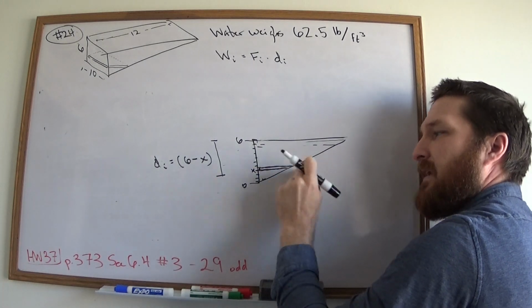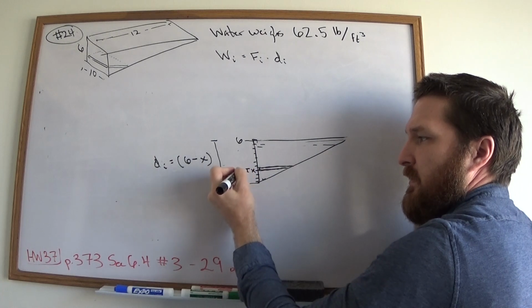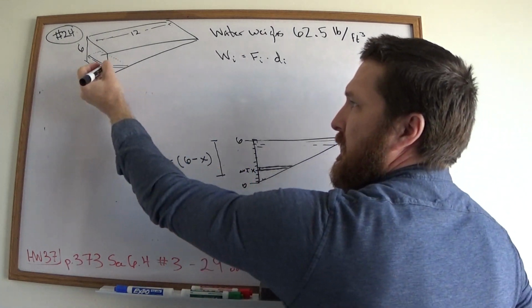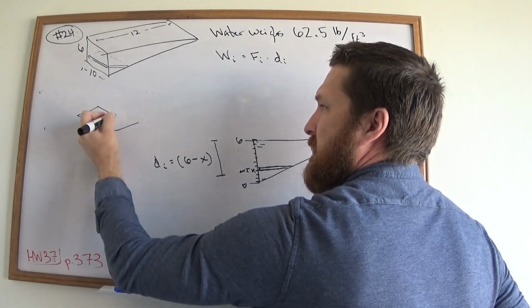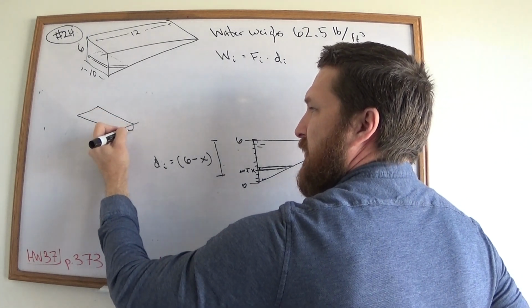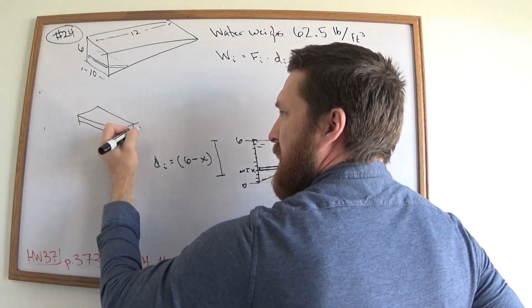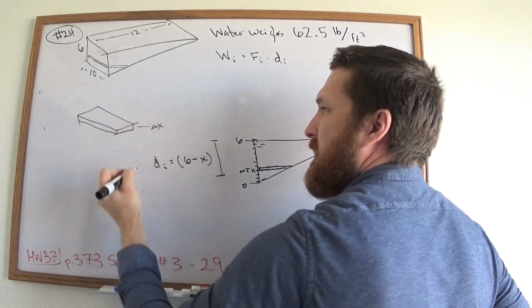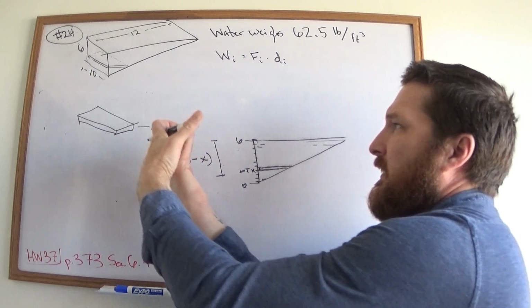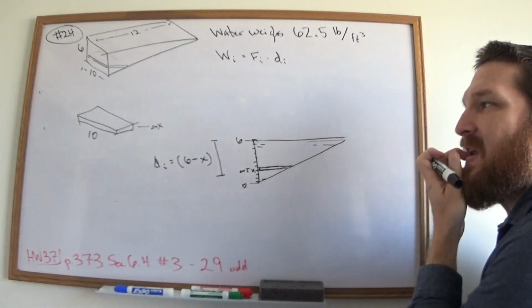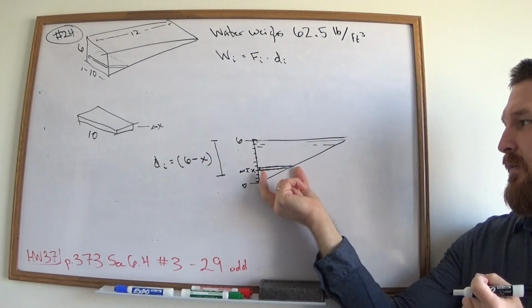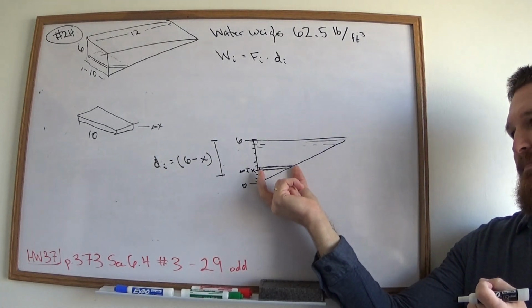The delta x. Okay, so this slice that I just took, we know that its thickness here is delta x. We know that its length this way is 10, so that's easy. Now the hard part is finding what's that guy right there.